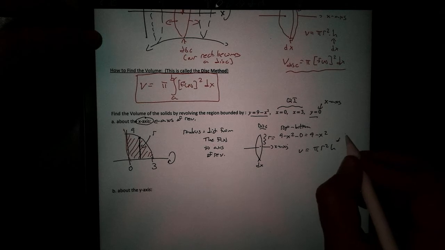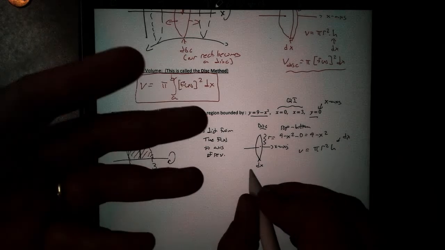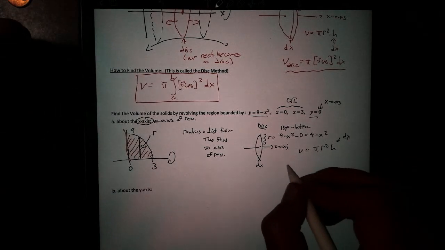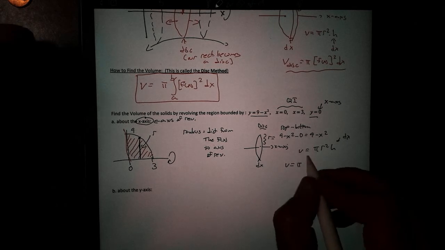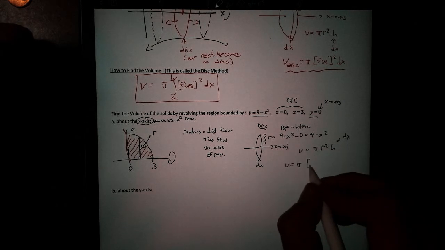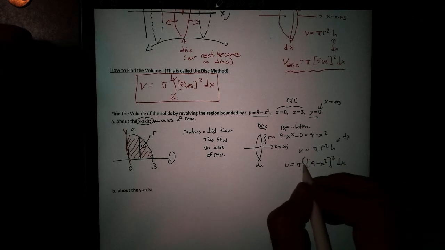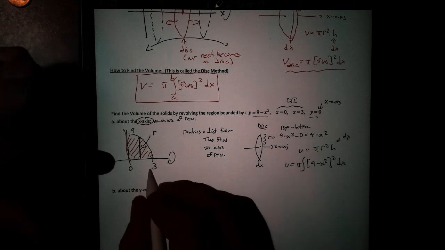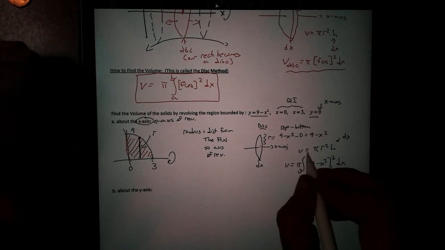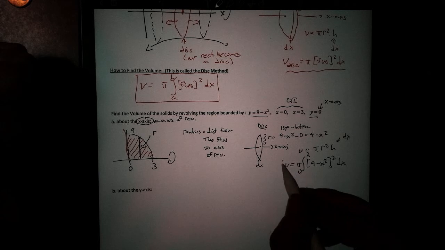Remember, our secret h is always dx because we're going about the x-axis. So my volume will be pi times my radius, 9 minus x squared, squared, dx. And we're going to evaluate that, be careful, in terms of x from 0 to 3. And that will find our volume.